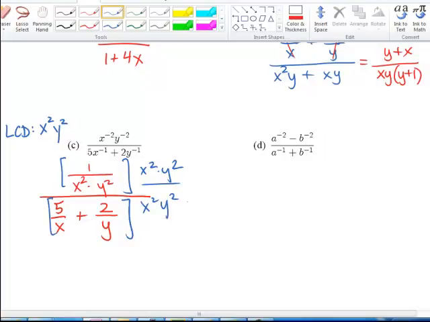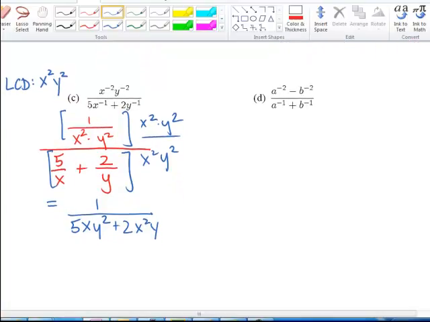So multiplying by a form of 1, that will clear up the complex fractions in just one step. Now in the numerator we just have 1. In the denominator in the first group, the x will cancel, so we'll have 5xy squared. And in the second group, the y will cancel, so we'll have plus 2x squared y.